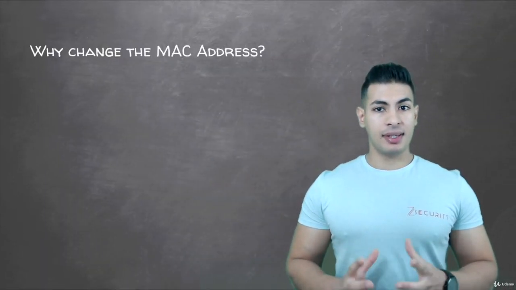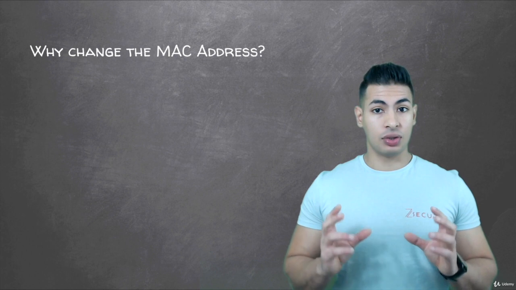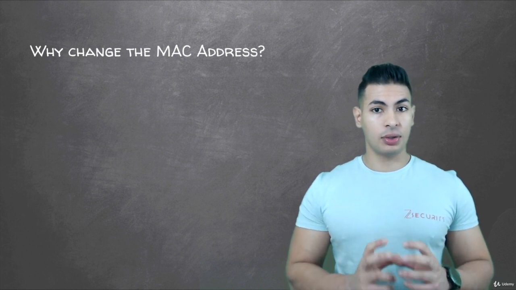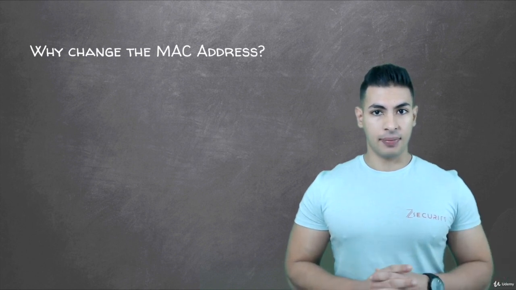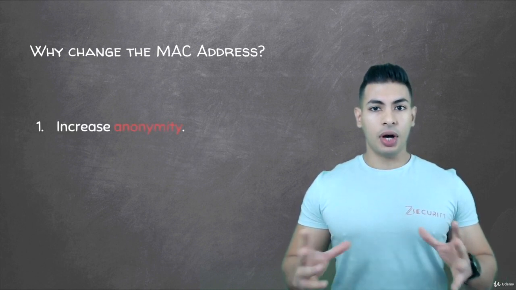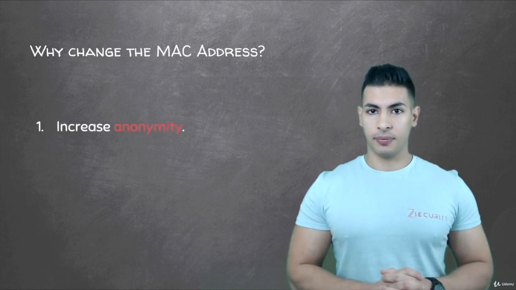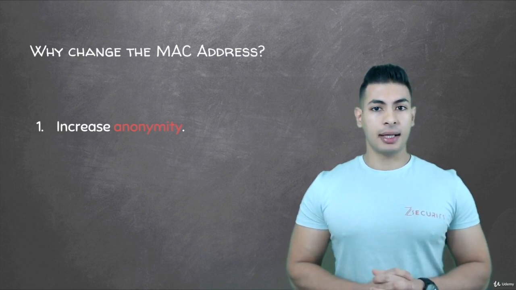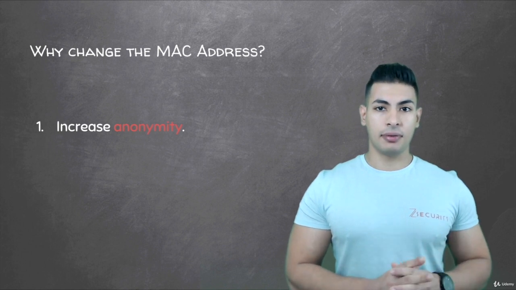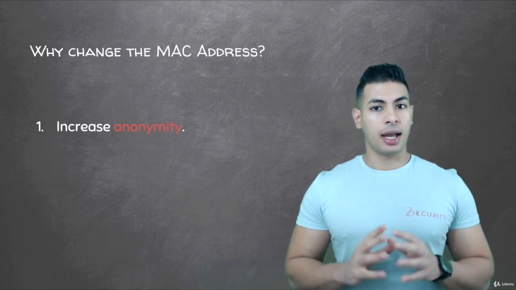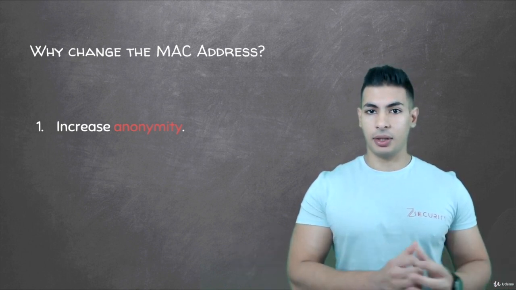So, because this is a physical unique address to each interface, to each network device, and because it is used to identify devices, then changing it will make you anonymous on the network. Not only that, but the MAC address is often used by filters to prevent or allow devices to connect to networks and do specific tasks on the network.